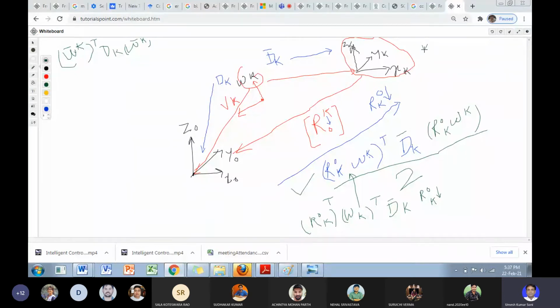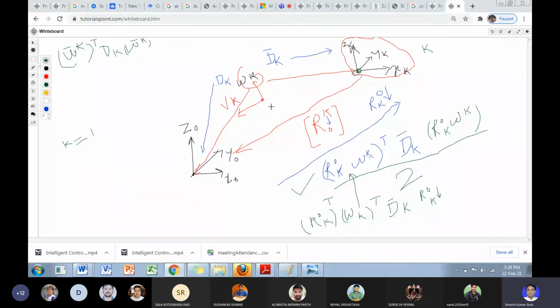Suppose we want k equal to 1, then it is the first link. This is the end of the link and this is the middle of the link. This may be the center of mass.